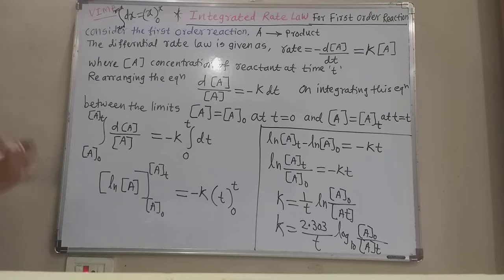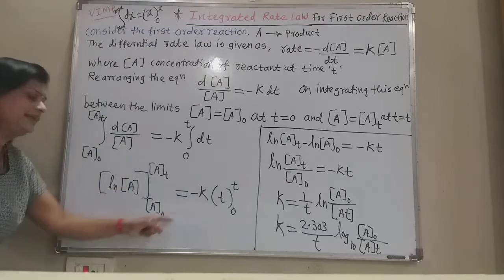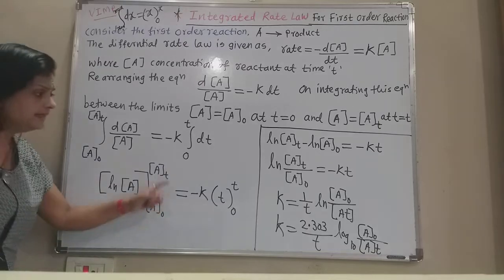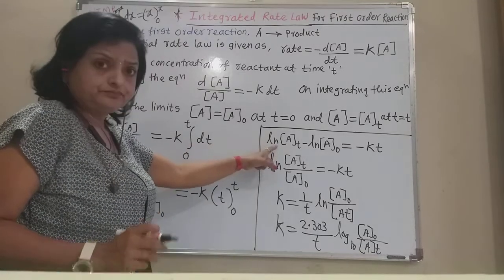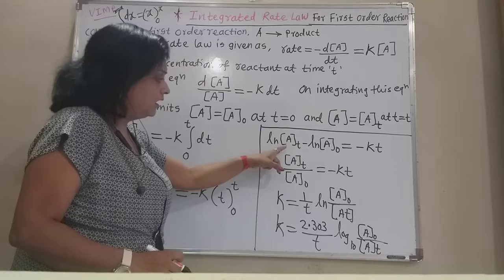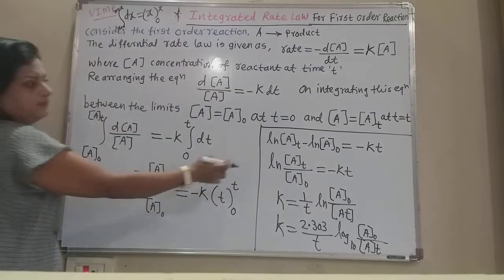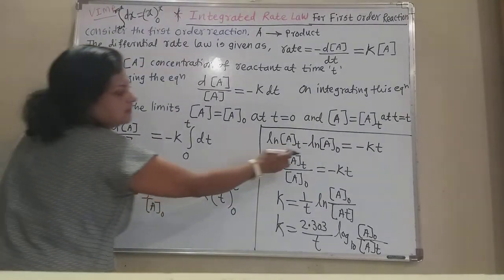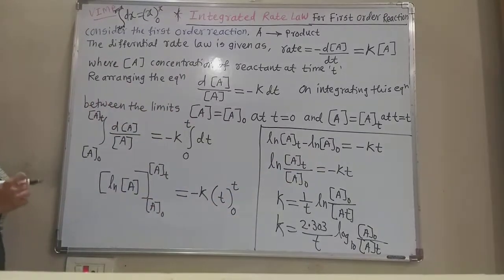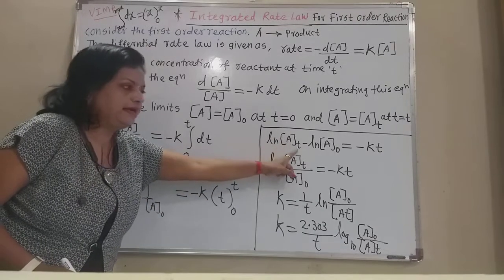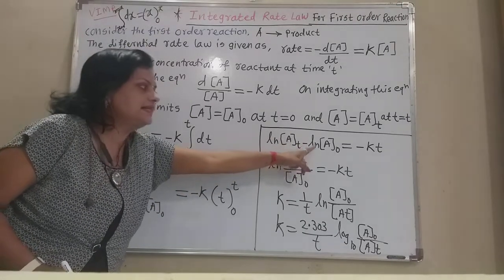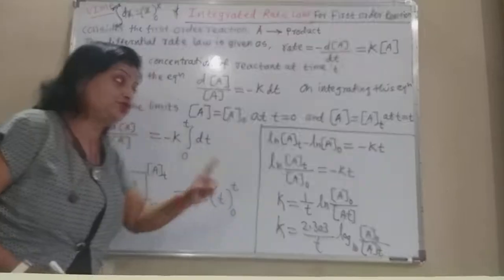Now see, this is very important. We can write this in this way: ln At minus ln A0. This quantity is written as ln of the concentration of A at time t minus ln of the concentration of A at time 0.